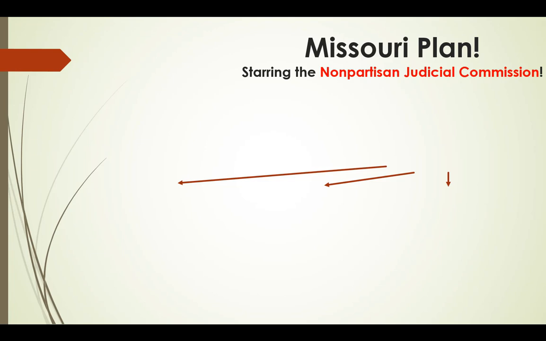The alternative is what some states do, where they have direct elections of judges. Now, that doesn't make a ton of sense either, because you and I don't know anything about the law. We don't know a good judge from a bad judge, aside from whether one has ever ruled in our favor or against us.